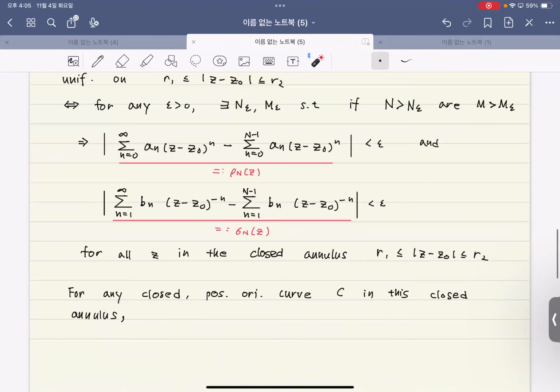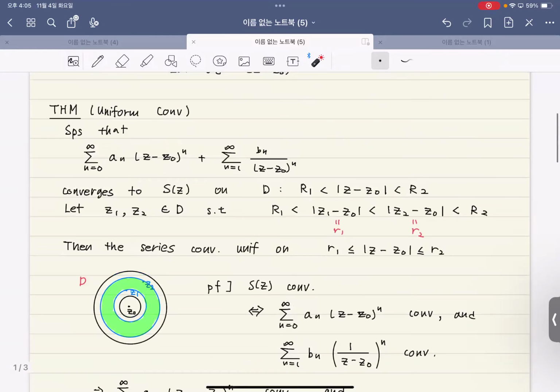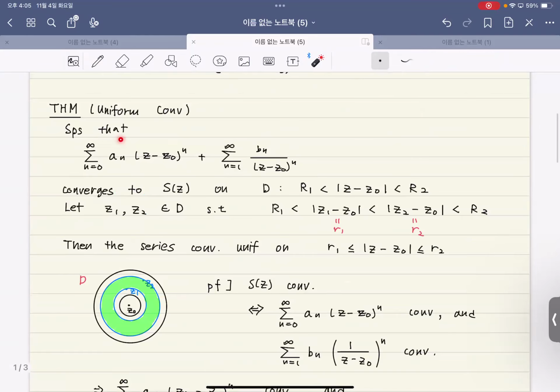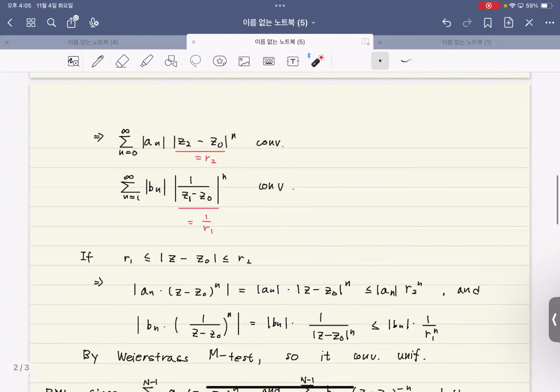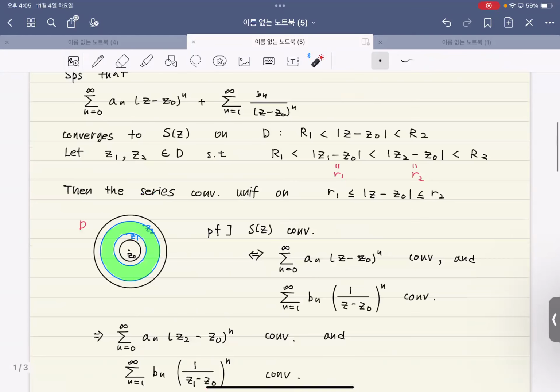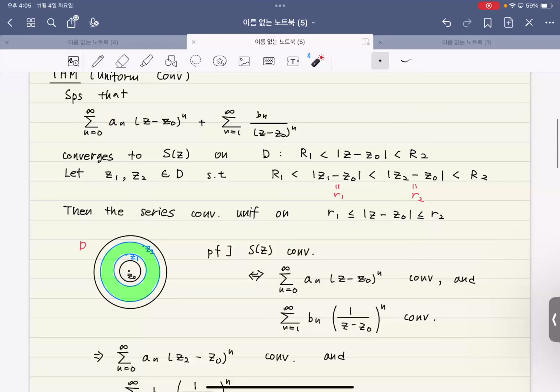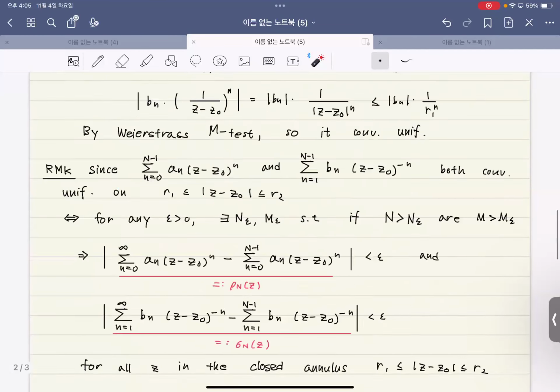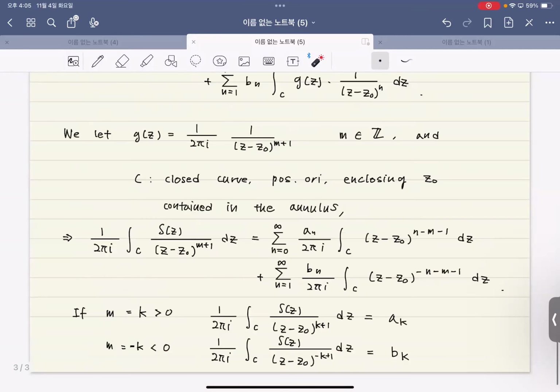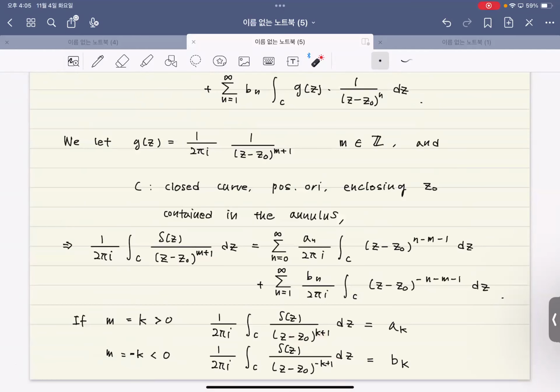So from the very beginning, I had this Laurent-like series defined on this annulus. And it turns out these two coefficients, a_n and b_n, must be in these forms. a_k must be just like this, and b_k should be like that.